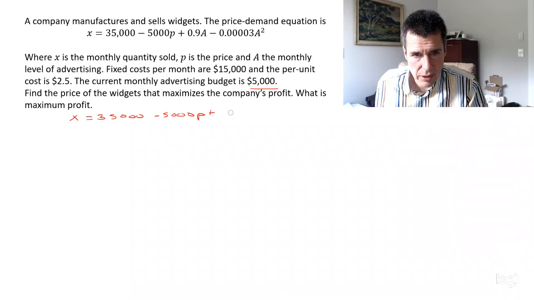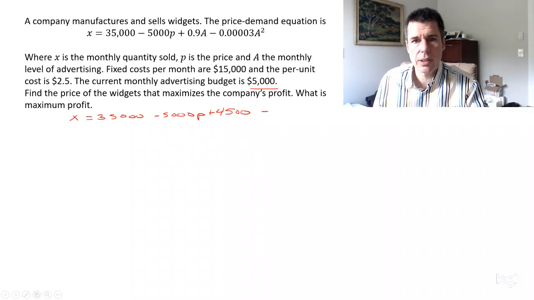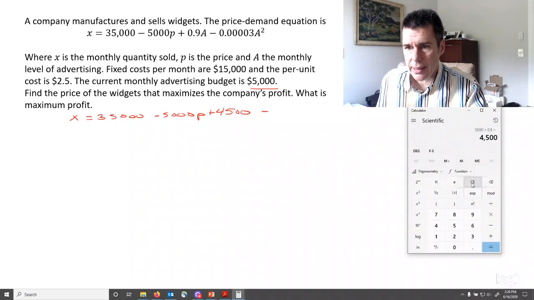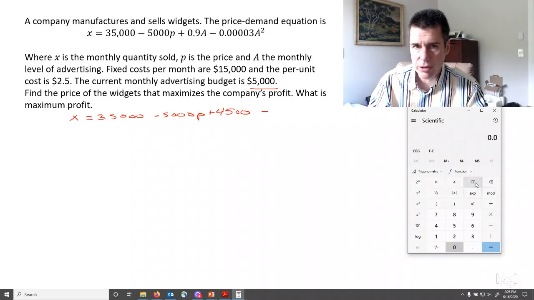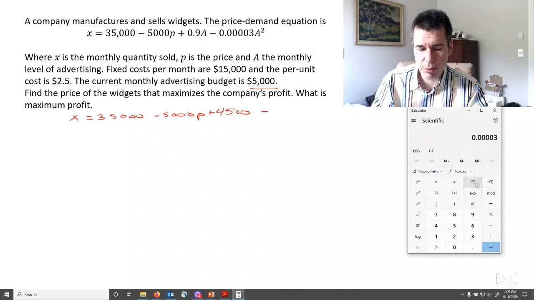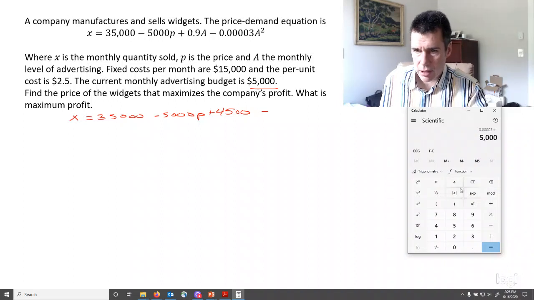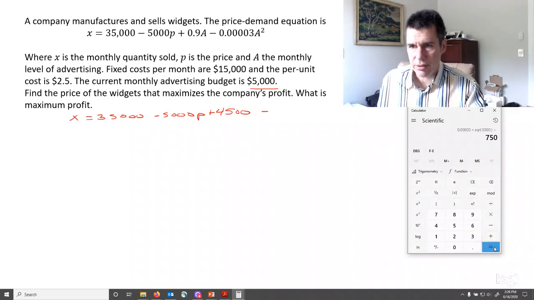So plus 4,500, minus 0.00003 times 5,000 squared. So that's 750.